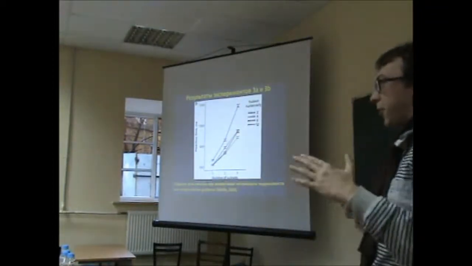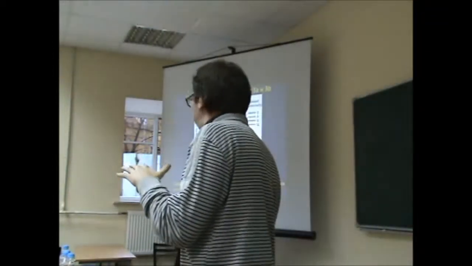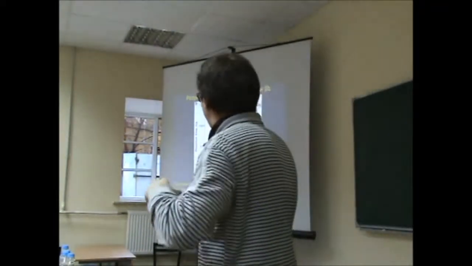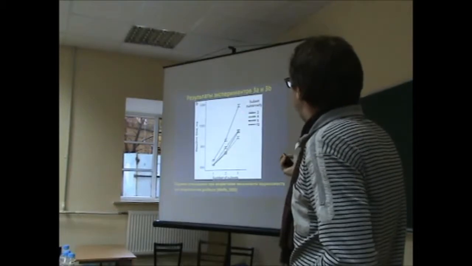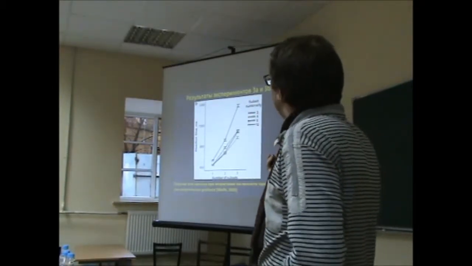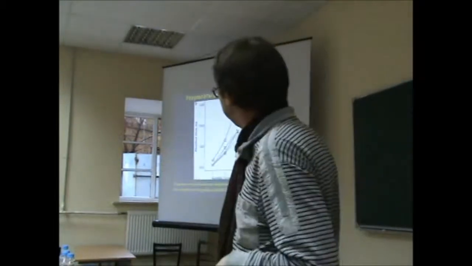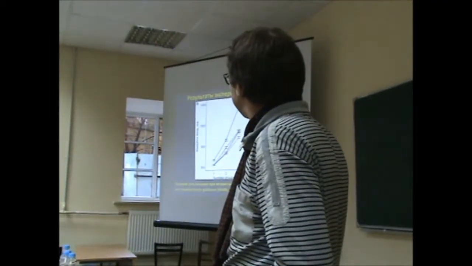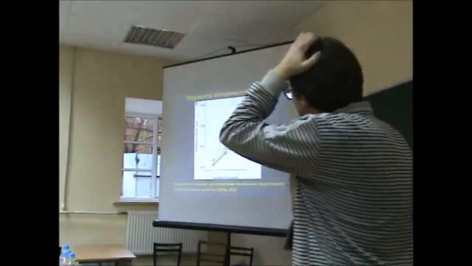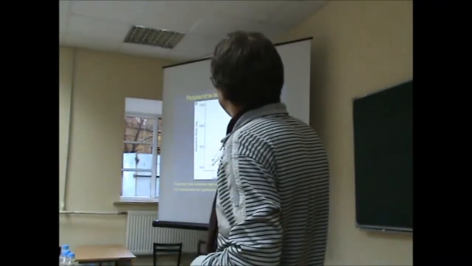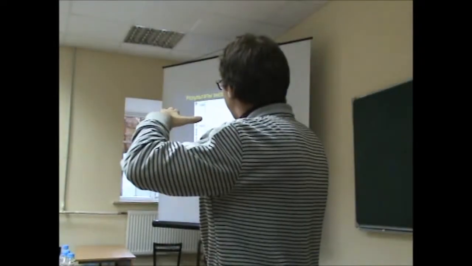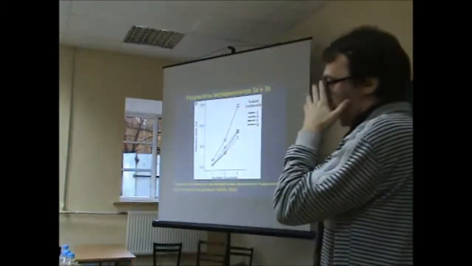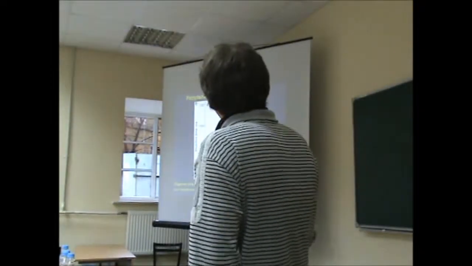So the main criterion of the guidance, according to Wolfe, is the decreasing of the slope. So we can see that when we have the smallest numerosity of subsets, we have quite a serial pattern of inspection of those subsets, but the slope becomes more and more flat with subset numerosity.